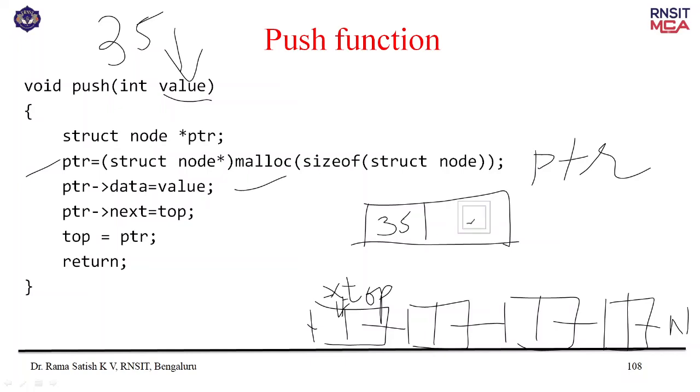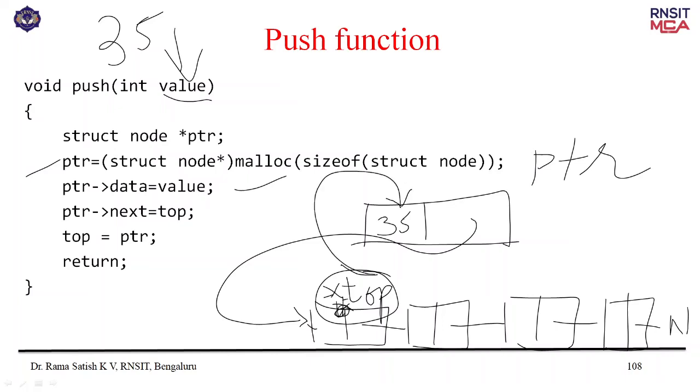PTR of next is connected to where top is pointing. And now top is equal to PTR. So you move the top to the PTR. Top is moved to this. So this is the code, how exactly it works.